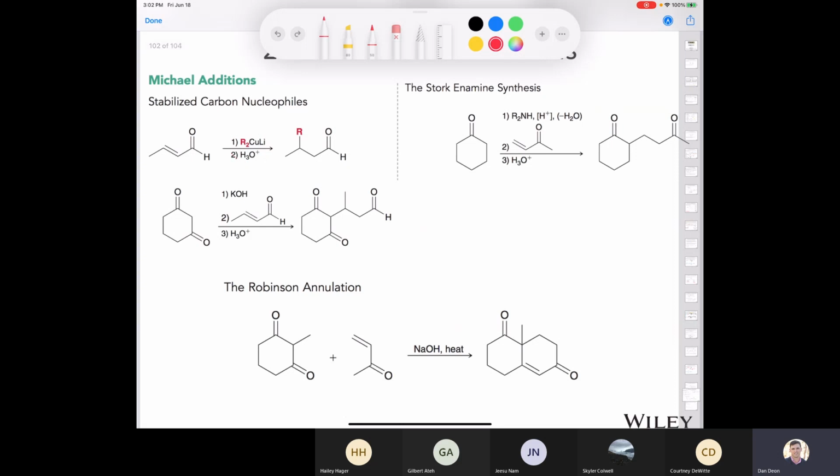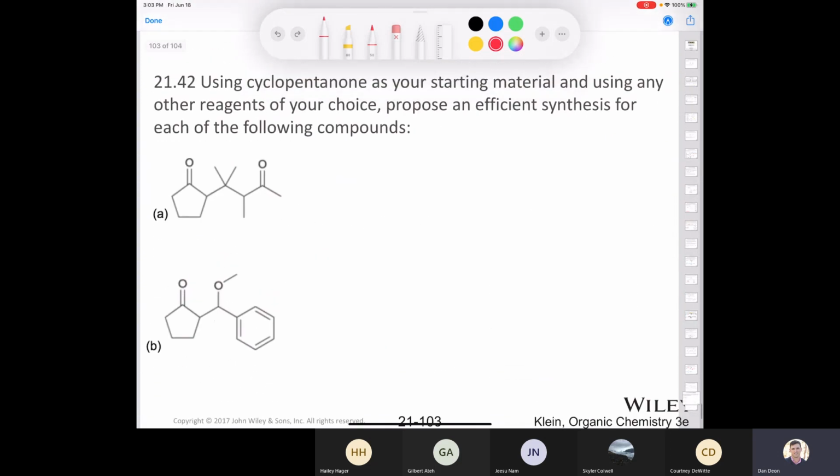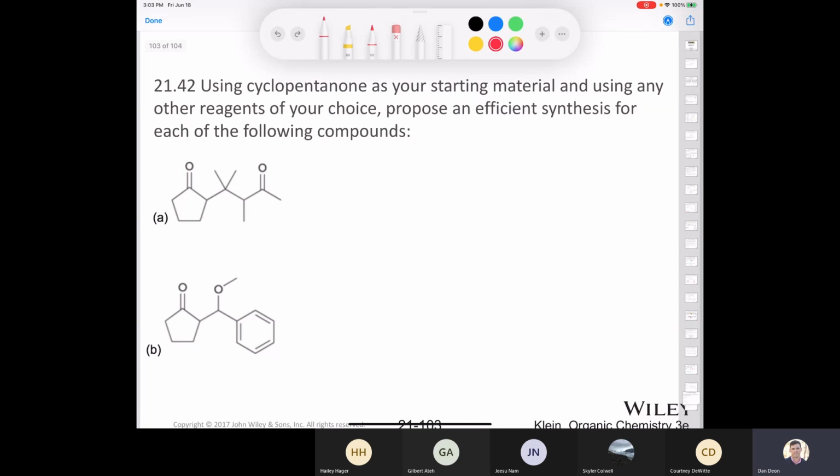We talked about what a Michael acceptor is. We talked about the Stork enamine synthesis and why you can't do a Michael addition with just a straight ahead carbonyl compound. You've got to make an enamine first. Then we talked about the Robinson annulation, which is just a Michael addition followed by an intramolecular aldol condensation reaction. And that's it. That's all the chemistry that we looked at in this chapter.